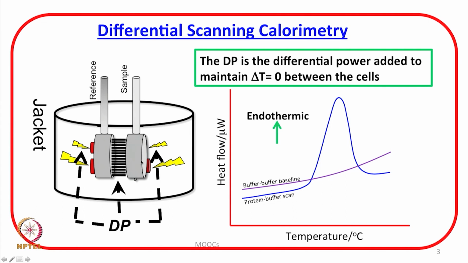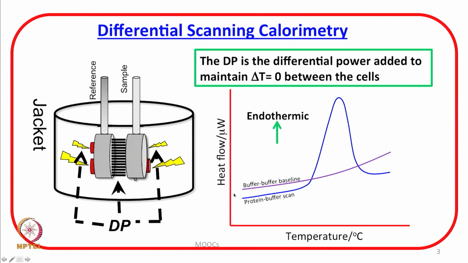It needs heat to carry out that transition, and since it needs heat, the temperature will tend to fall. Therefore, additional power is supplied, and that is noted in the form of a deviation from here, and once the entire process is over, it comes back. And this process has to be endothermic.